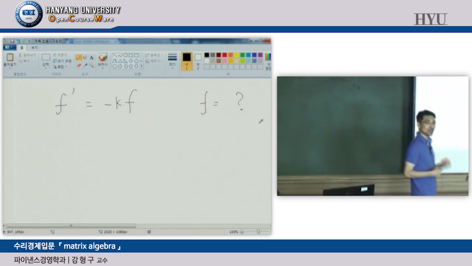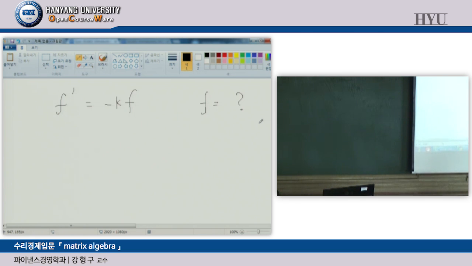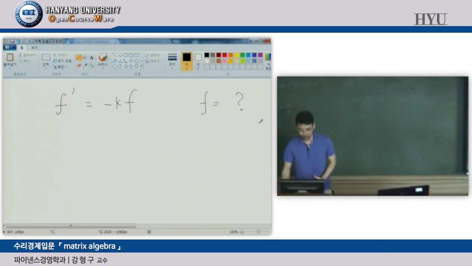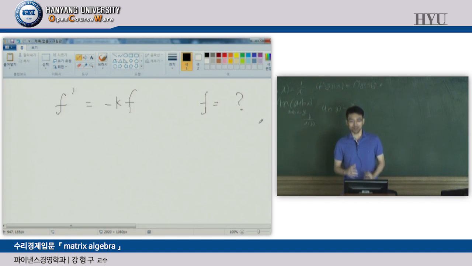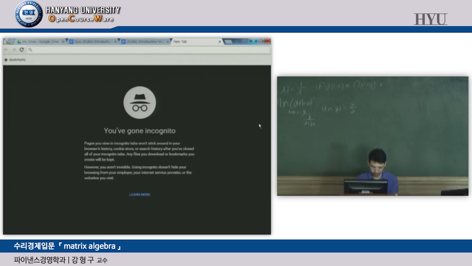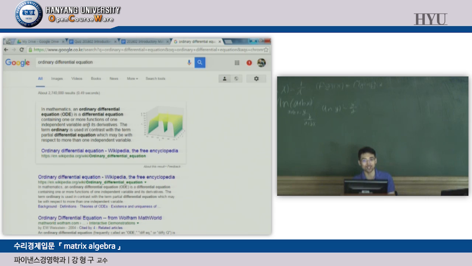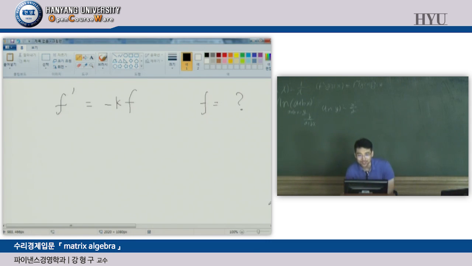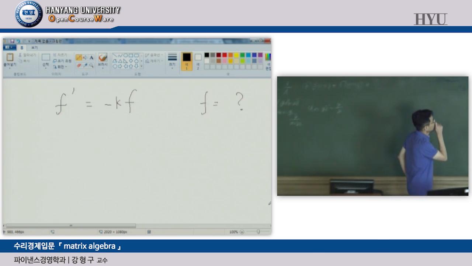And this one is actually an easy problem, but this kind of problem is called a differential equation. This is a very easy type of differentiation. This is called an ordinary differential equation, ODE, and it is the easiest form of ODE.